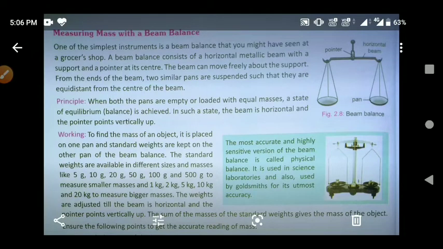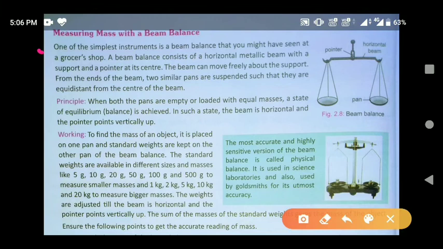So we shall start with the basic construction of a beam balance. A beam balance is one of the simple instruments that you might have seen at a grocery shop. It consists of a horizontal metallic beam with a support and a pointer at its center.